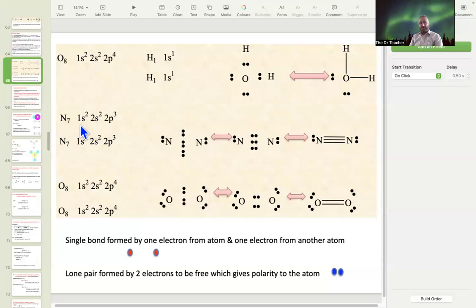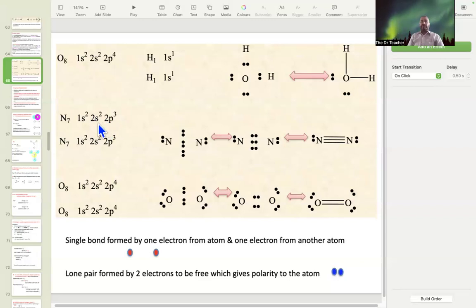As we said, 1s2 are the core electrons. They are not involved in reactions, only the final main shell can do reactions.